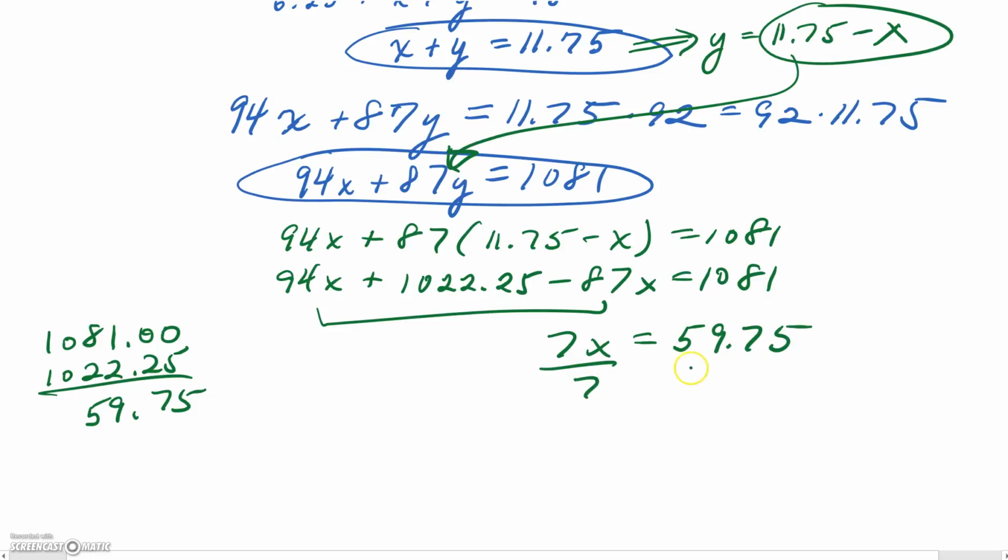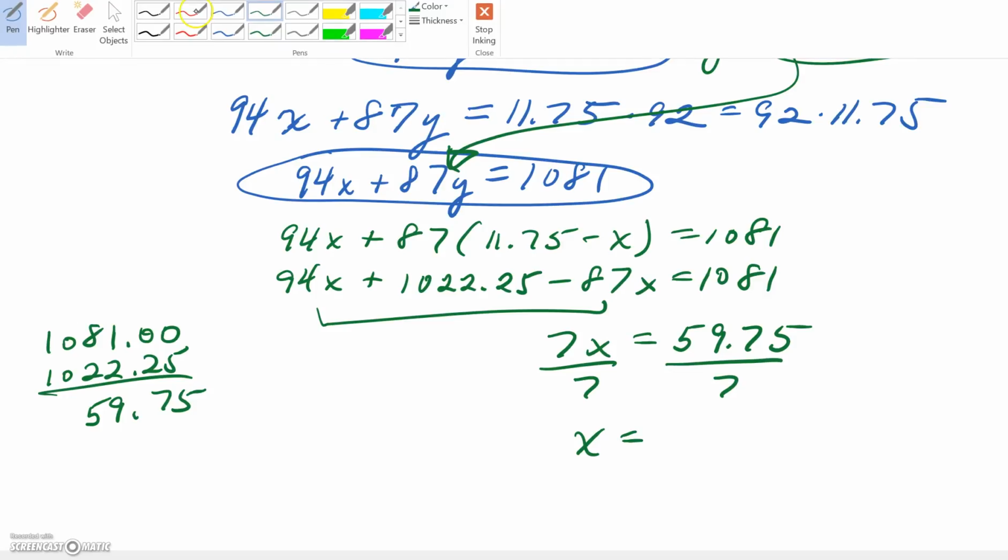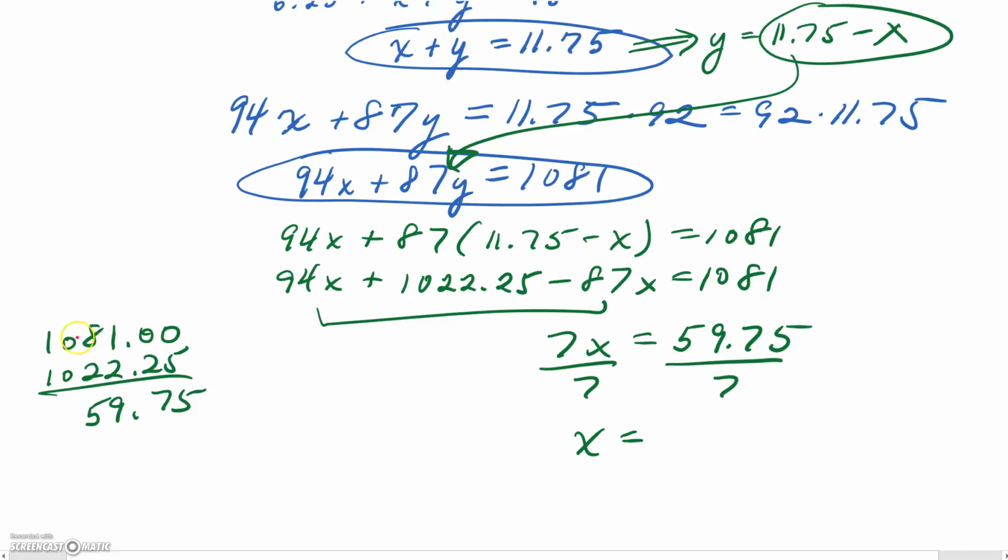We can divide each side by 7, and that gives us x equal to 8.54. But as I look back, I see that I made a mistake, because I don't do this kind of subtraction that often. Do you guys see the mistake?